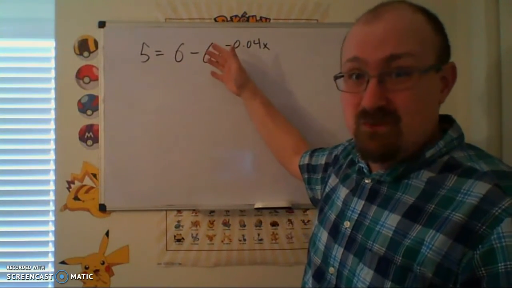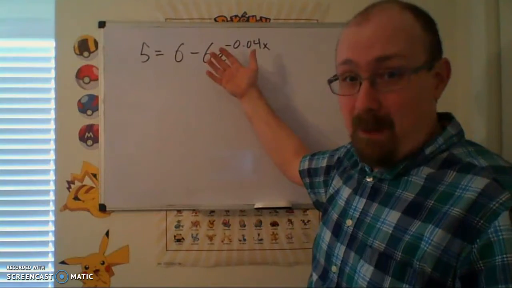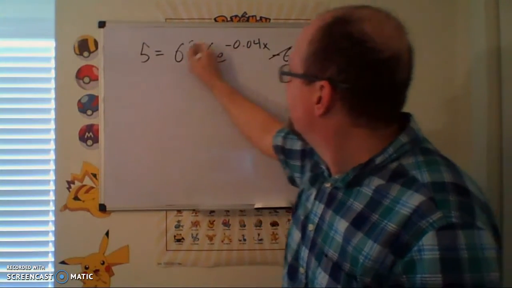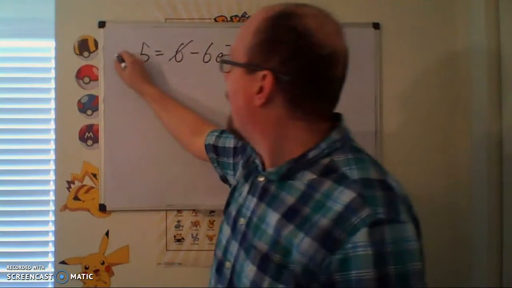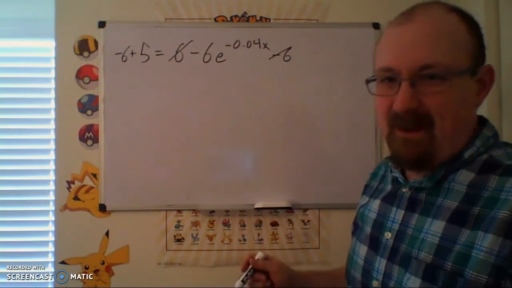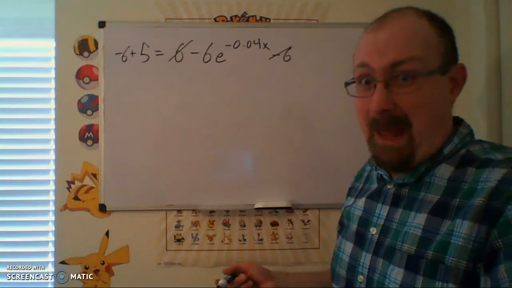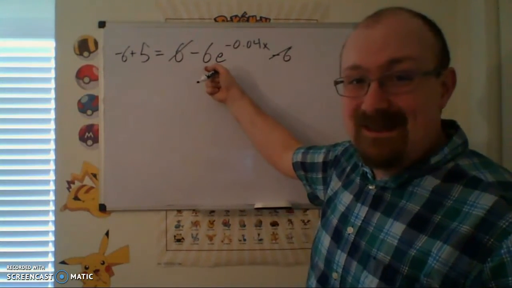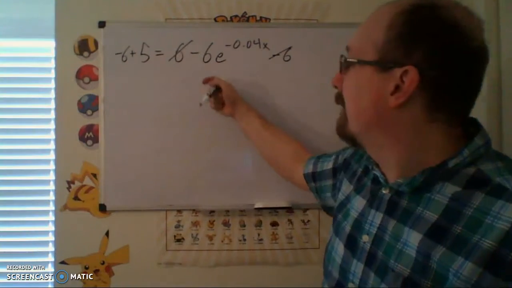So we've got to do usual algebra type stuff before we can apply that logarithm here. So I'm going to subtract 6 from both sides. So that goes away. So now I have -6 plus 5, or 5 minus 6, however you write it. You can just go ahead and collapse it down to -1. That's also fine. Now I need to get rid of this -6 hovering around in front of the exponential.